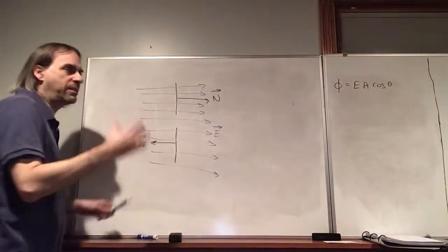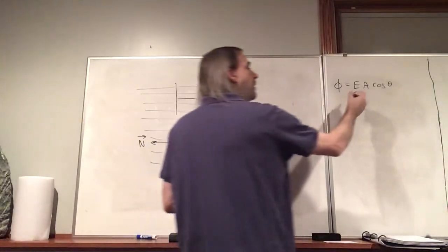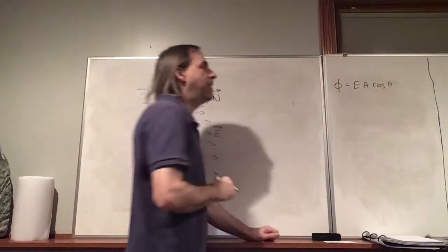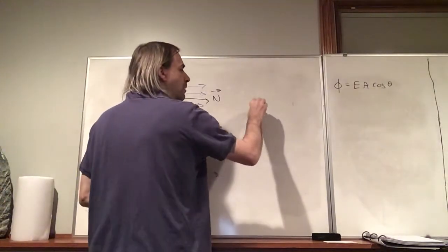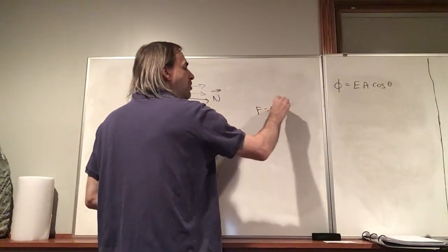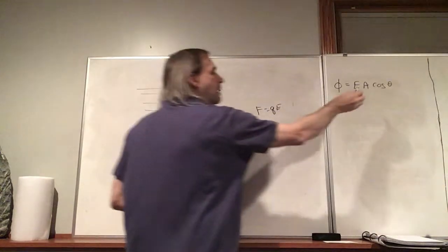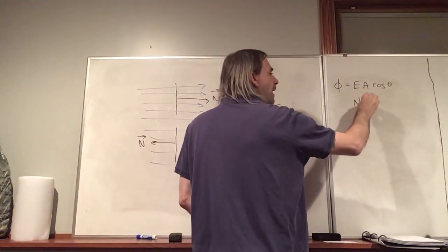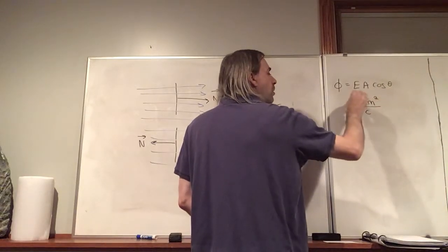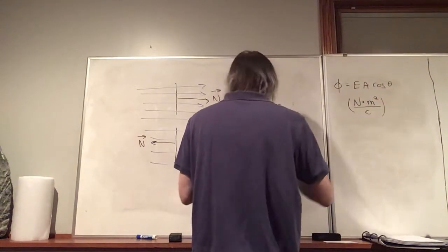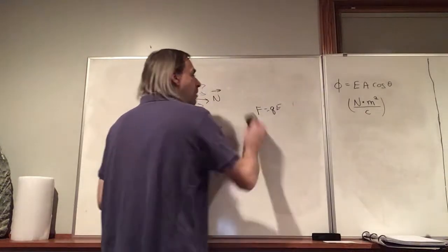And let's talk about units as well. The unit for flux, remember the electric field is newtons over coulombs, so we have newtons times meters squared over coulombs. That would be the units for flux.